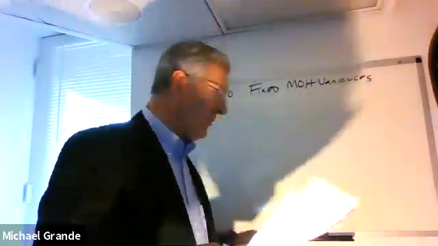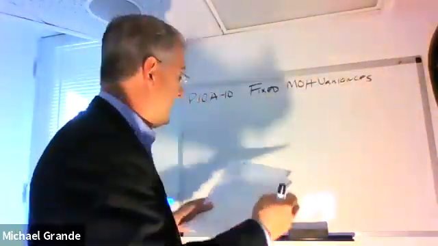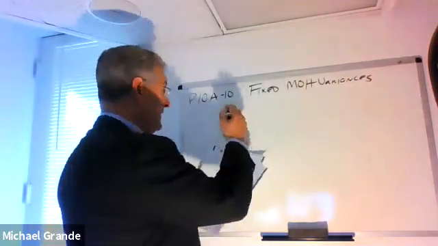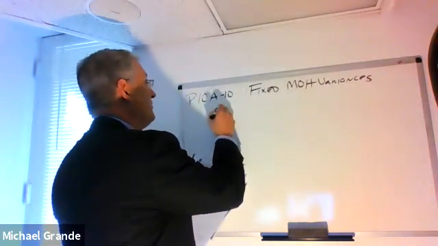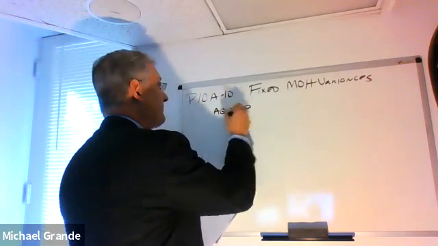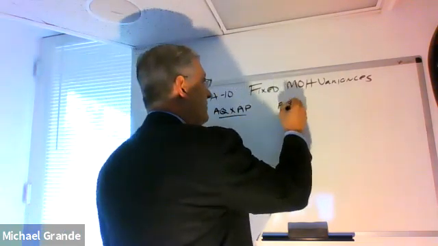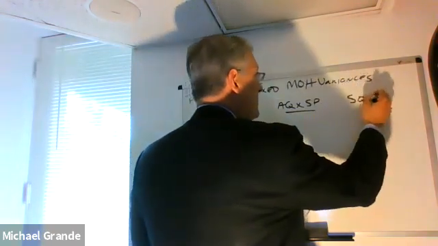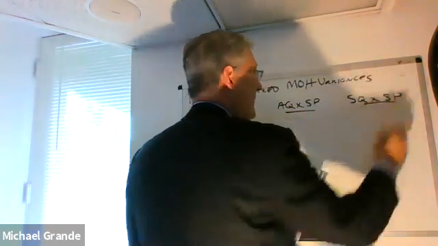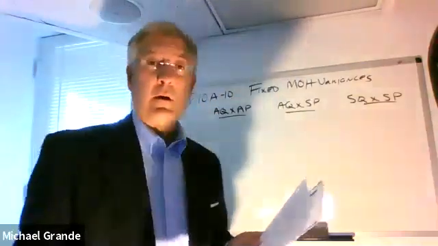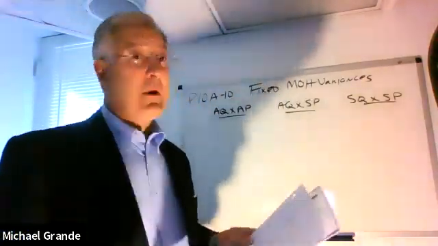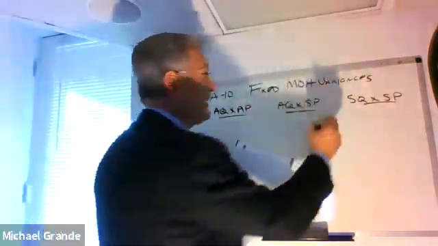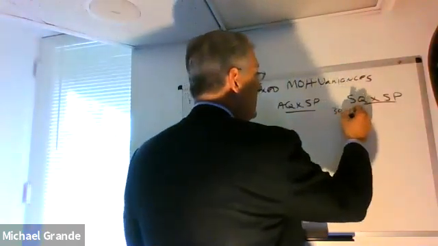Let me run through those, and you should be good at them now. Let's remember, we're looking at actual, which is AQ times AP, then AQ times SP, and SQ times SP. SQ is the most difficult number because we have to start with the actual output, 30,000 units.